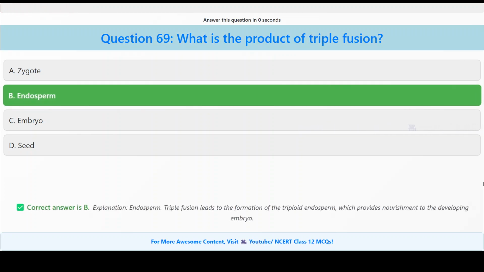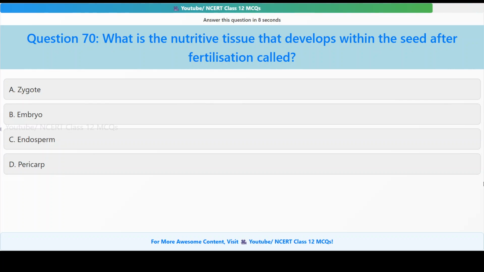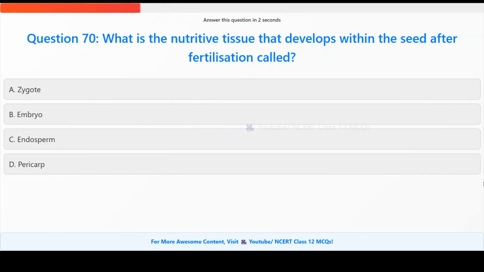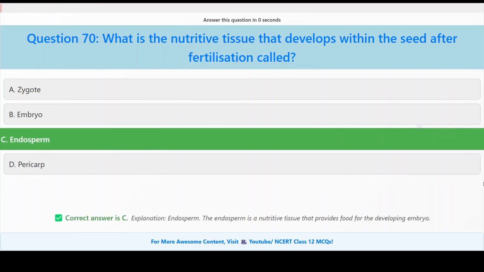Endosperm. Triple fusion leads to the formation of the triploid endosperm, which provides nourishment to the developing embryo. Question 70. What is the nutritive tissue that develops within the seed after fertilization called? Endosperm. The endosperm is a nutritive tissue that provides food for the developing embryo.